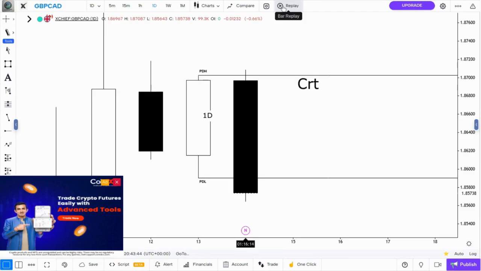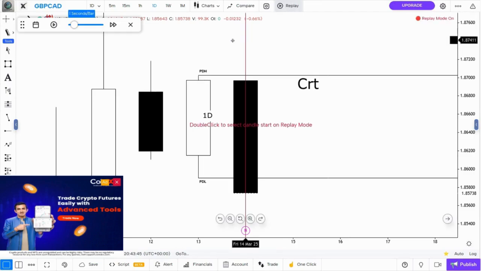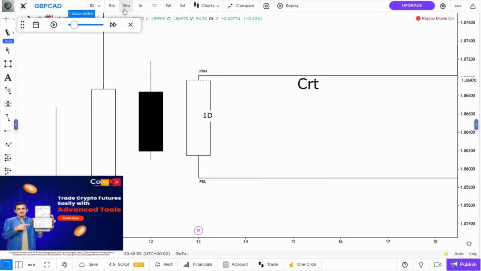In this case, let's go to the 15-minute time frame. If you mark the previous high and the low of the previous candle, you need to have a sweep of the previous high or a sweep of the previous low.